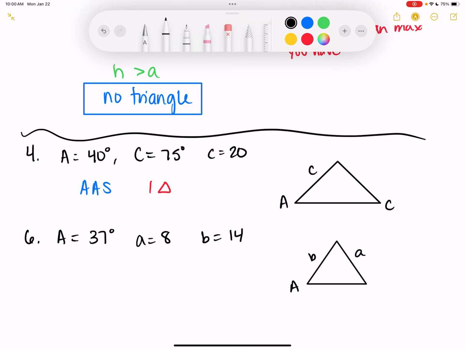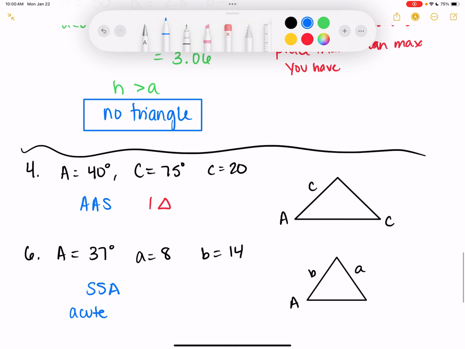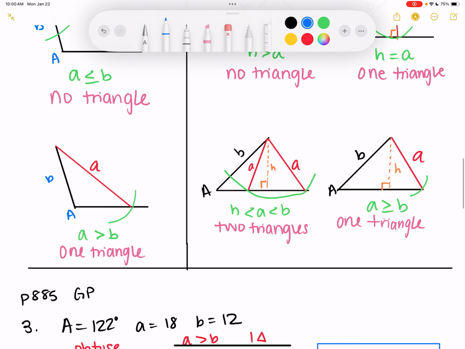So side, side, angle. So now what am I checking? Okay, it's acute. So what's the next thing I'm looking for? Okay, so I'm looking at A compared to B. So if A is greater than or equal to B, I've got one triangle.